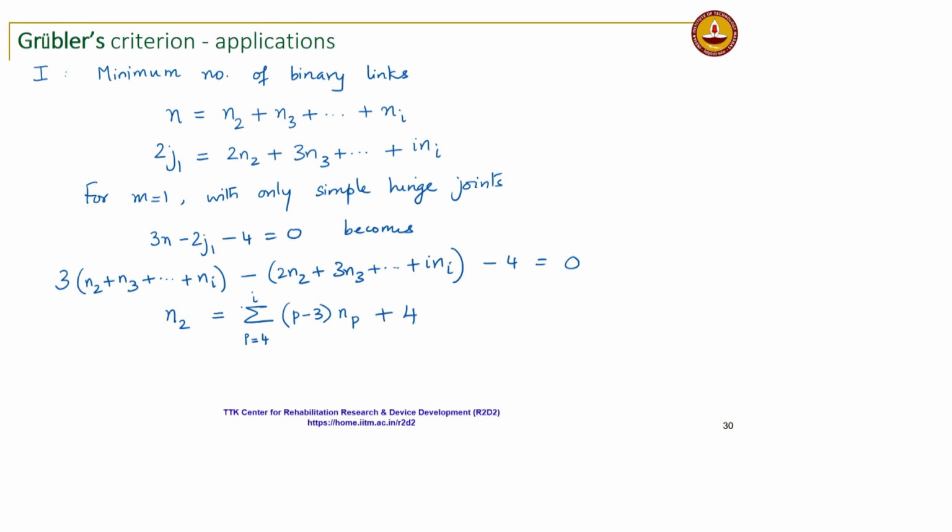A couple of things I see from here. What does this tell me about the minimum number of binary links I need to create a single degree of freedom mechanism?